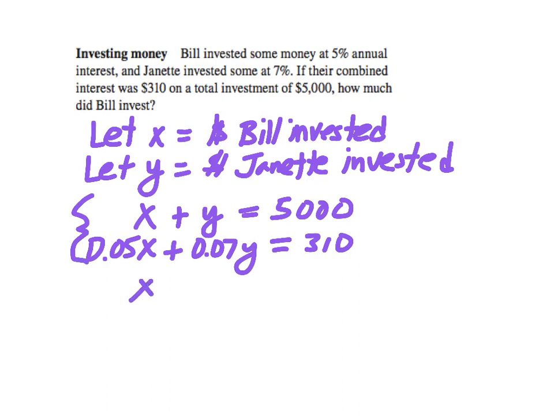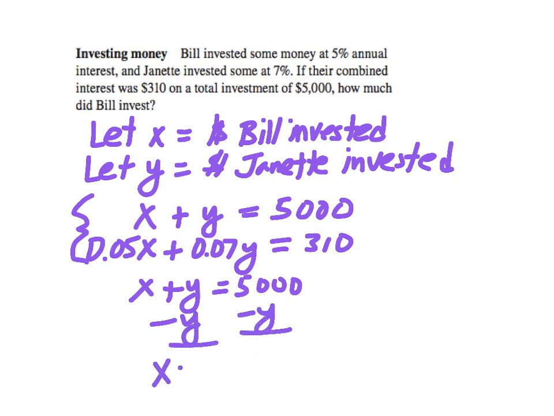So if I say x equals, well, let me just go ahead and not rush that. I'll say x plus y equals 5,000. So if I subtract y, I get that x equals 5,000 minus y.